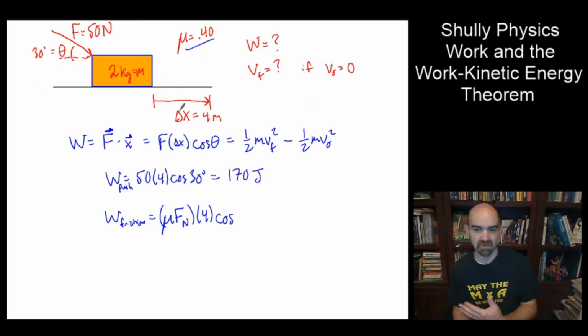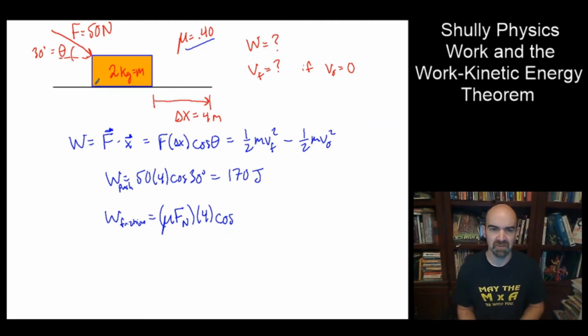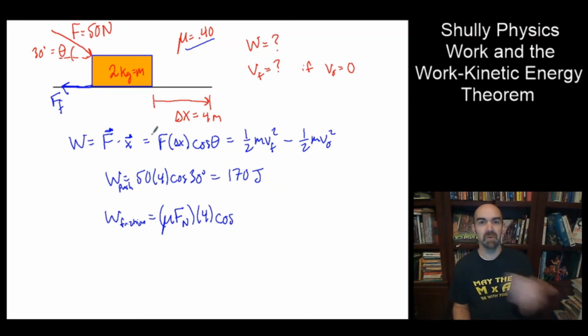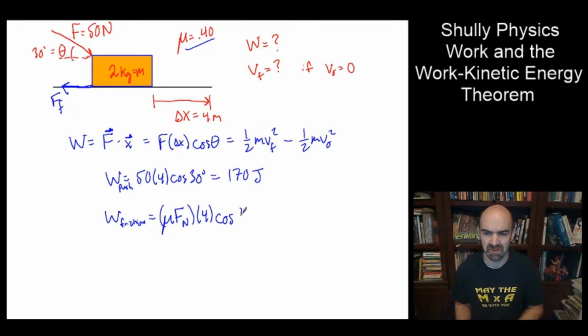Well, the angle between displacement and friction is, well, friction's kind of going back this way, right? Let's label that force. It's going backwards. The displacement is forward. So with a backwards friction and a forward displacement, the angle between those two is 180 degrees.